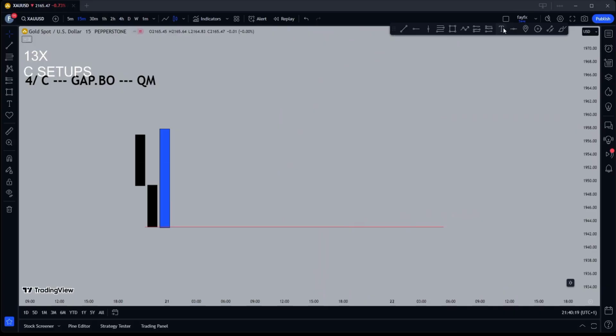And X time frame. And when we go one time frame lower, we will find a gap breakout.